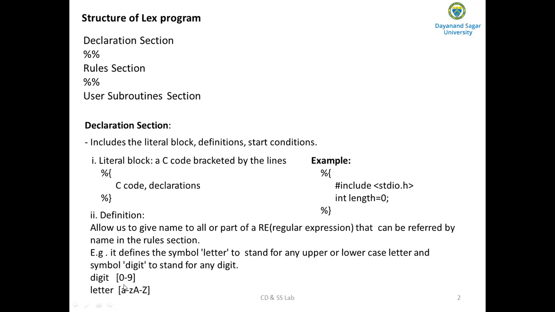Now see, here is an example. We have defined a symbol letter in the declaration section to refer to any uppercase or lowercase letters from small a to z or capital A to Z. Similarly, you can define a symbol digit to stand for any digit within the range 0 to 9. On the right side we have the regular expression, and on the left side we have the symbol names. So instead of using these regular expressions as they are inside the rule section, you can refer to them by these names, digit and letter.